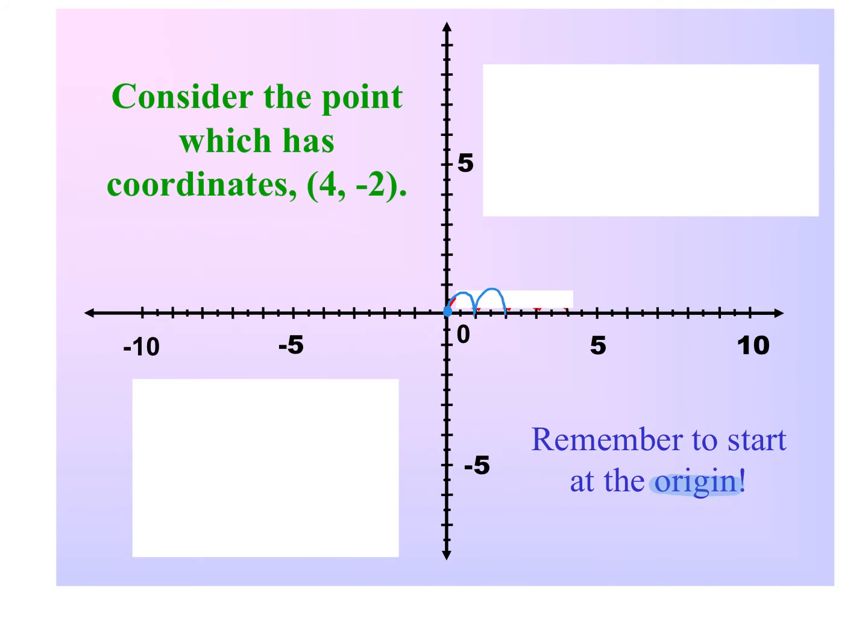So 1, 2, 3, 4. And then I'm going to go down 2 spaces since it's -2. So I'm going to go down 1, 2, and make a mark there. Once I have that point marked, I'm going to erase my little jumps so I don't get confused.